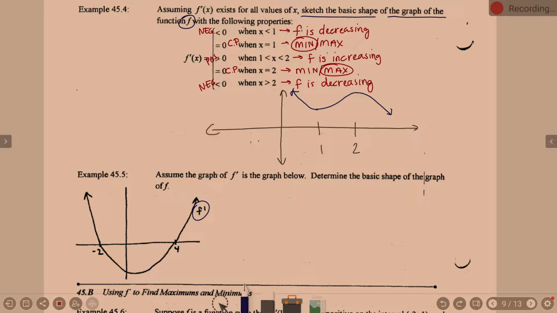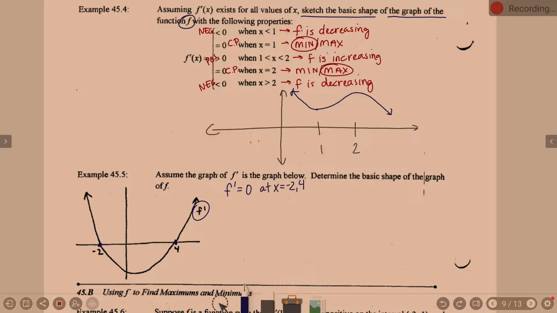So, okay, what information can you tell me from that graph? Okay. So we have zeros. I'm just writing some information. So the derivative equals 0 at x equals -2 and 4.